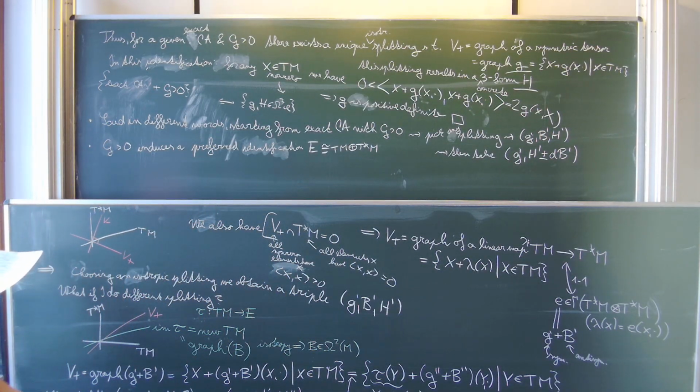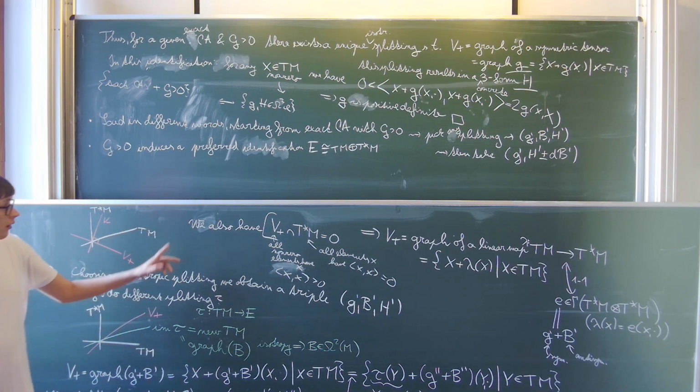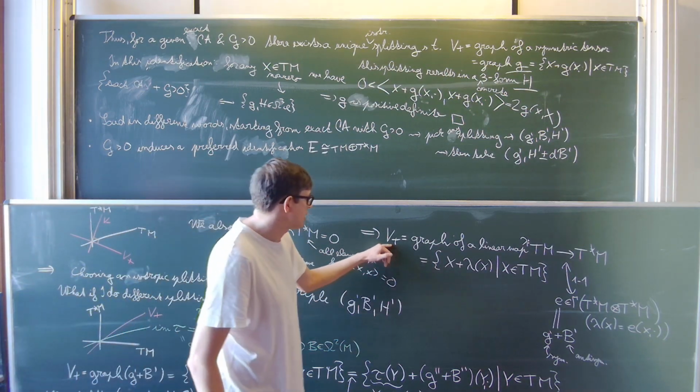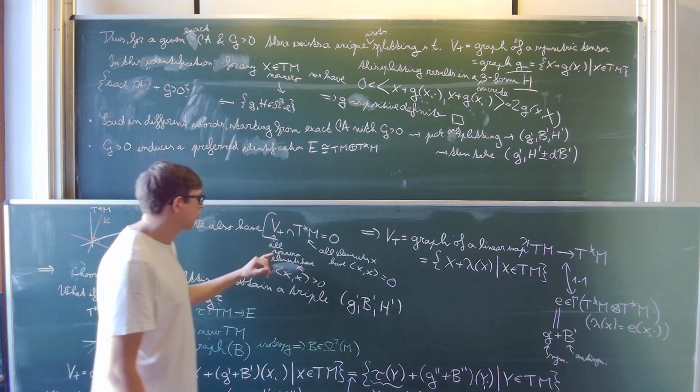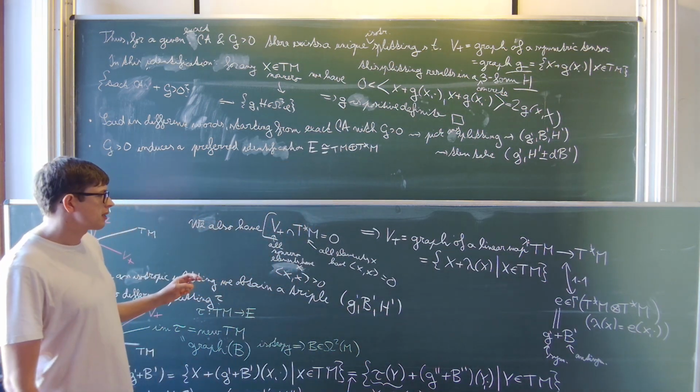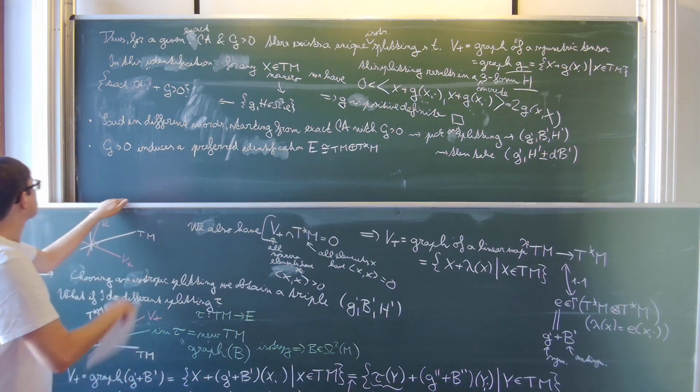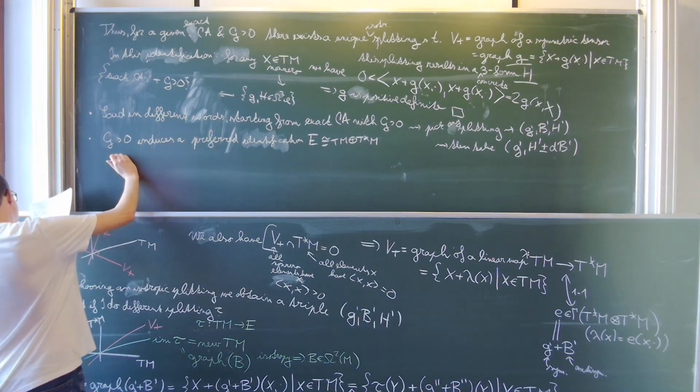And finally, you might have noticed that we have not really used the positivity of G in many places. We actually used it in a couple of places, but at the beginning we only used it to show that this thing was a graph of a linear map. So let's look at the more general statement.